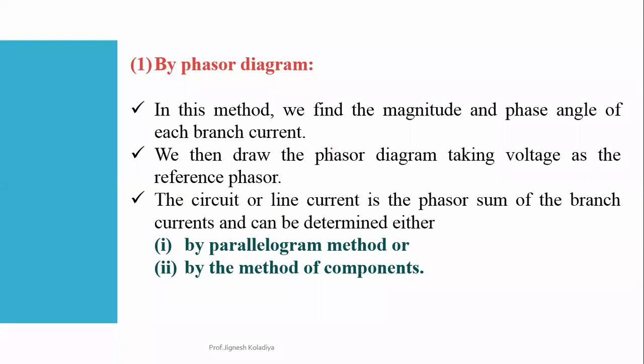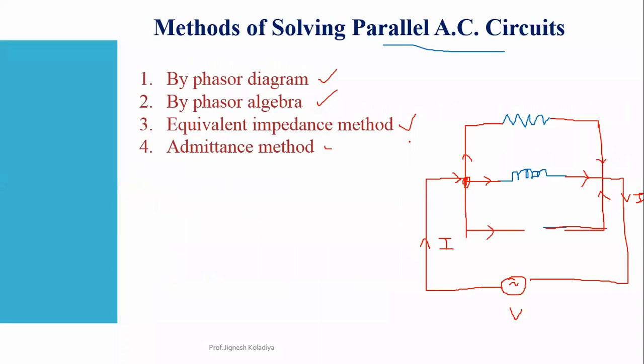So the first method, the phasor diagram method. In this method we find the magnitude and phase angle of each branch current. Right now in the circuit you can see resistance and inductor connected.